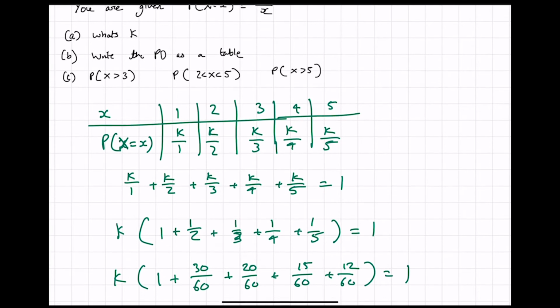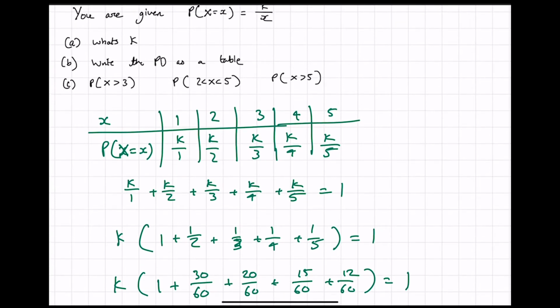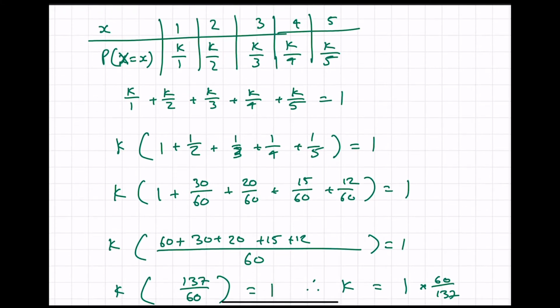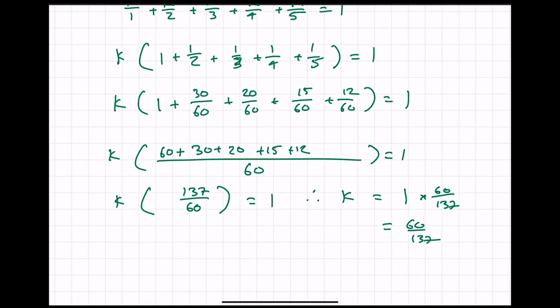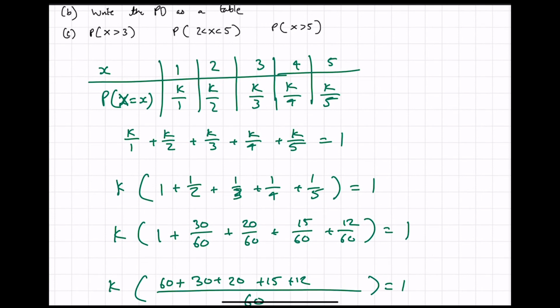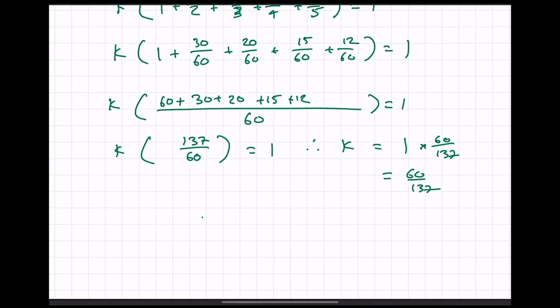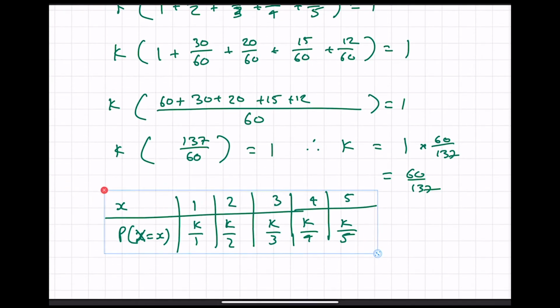So now the next question says, can you write the PD as a table? Well, we know what k is now. We know that k is just equal to 60 over 137. So all we need to do is copy this table down for part B, and then for these entries just replace my k with the value of k I actually got.